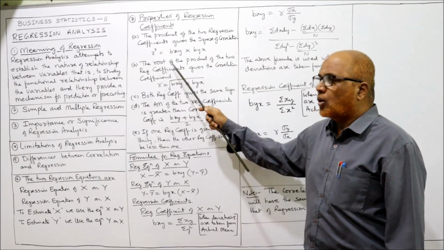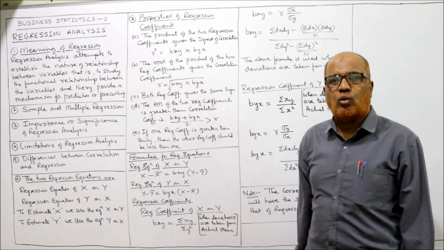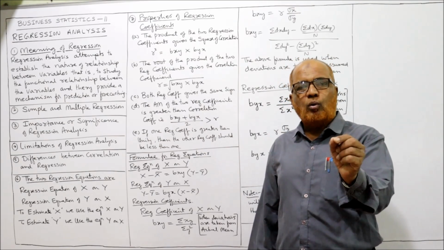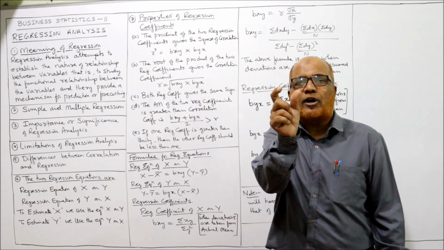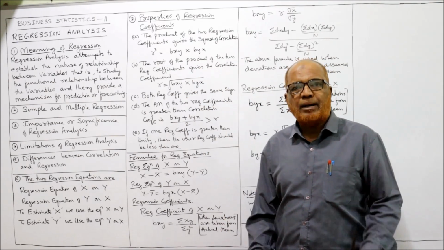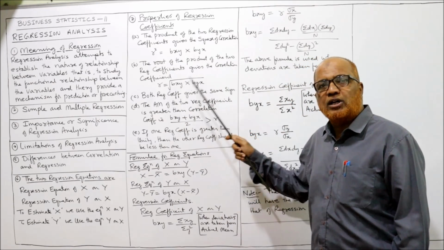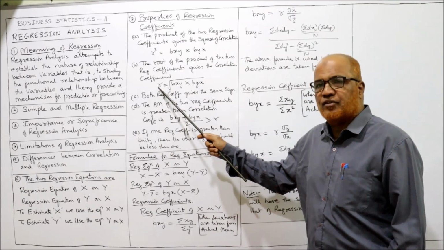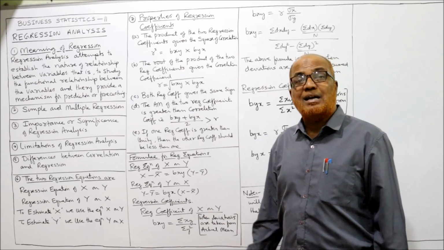Second property: the root of the product of the two regression coefficients gives the correlation coefficient. So if you want to find the correlation coefficient, put the product of the two regression coefficients, bxy into byx, under root. What you will get is r, the correlation coefficient. So two properties over. Third property: both regression coefficients have the same sign.